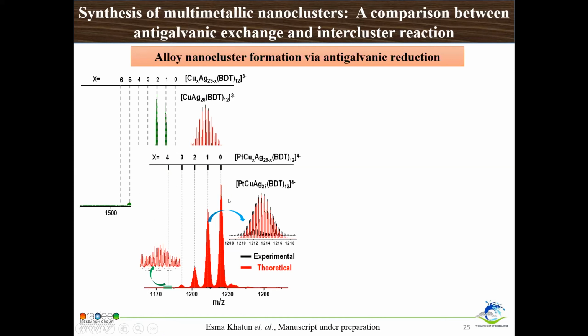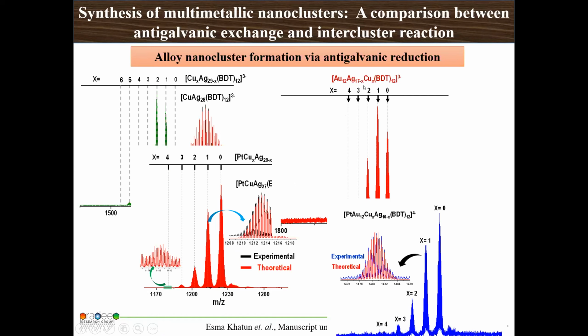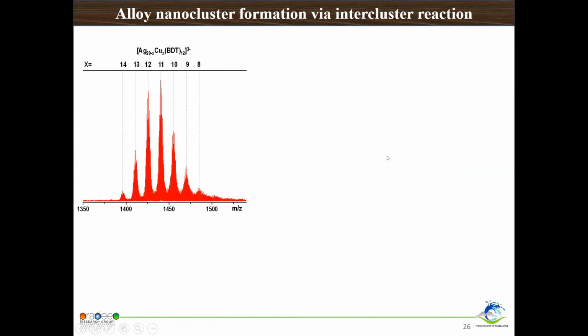And similarly, we have obtained the trimetallic platinum copper doped platinum Ag28 and trimetallic copper doped Au12 Ag17 nanocluster, and the tetrametallic nanocluster platinum Au12 copper 4 silver 12 nanocluster.